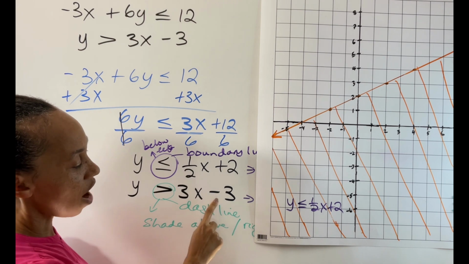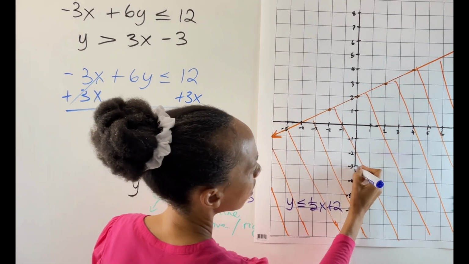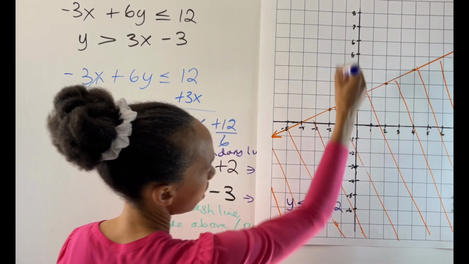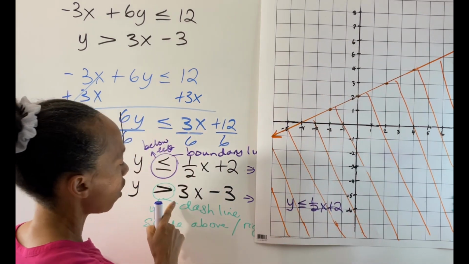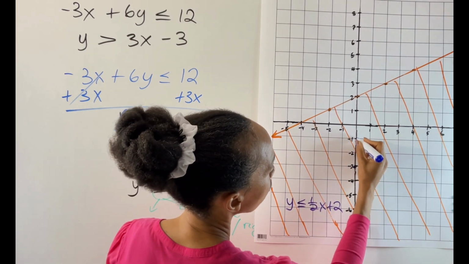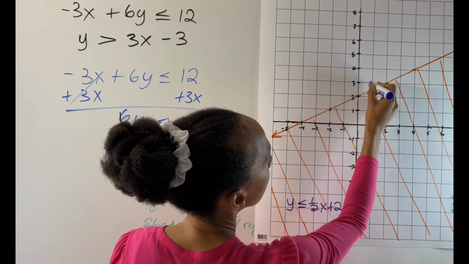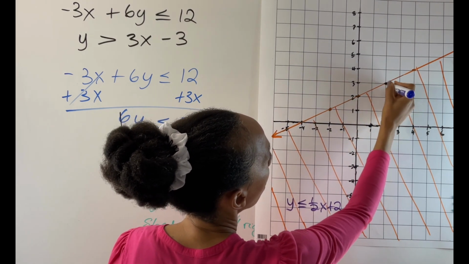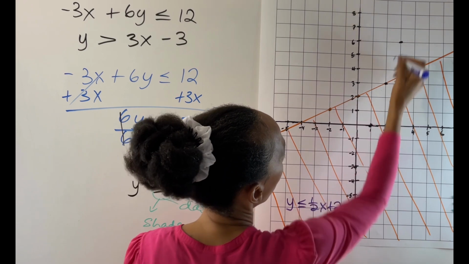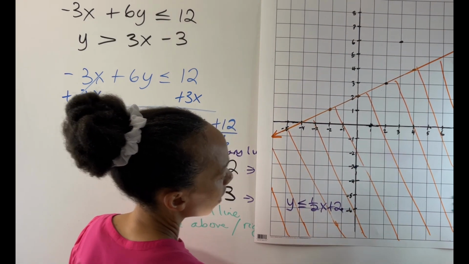So we start at -3, which is our b, -3 here on the y-intercept, and our slope is 3, so we are going to go up 3 over 1, or we are going to go down 3 to the left 1.